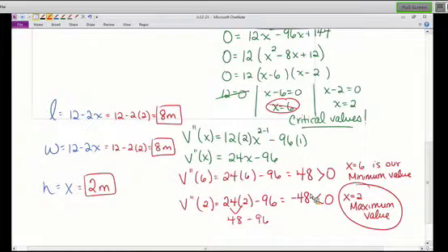Thank you for correcting my mathematical error. It should be negative 48, not negative 24.